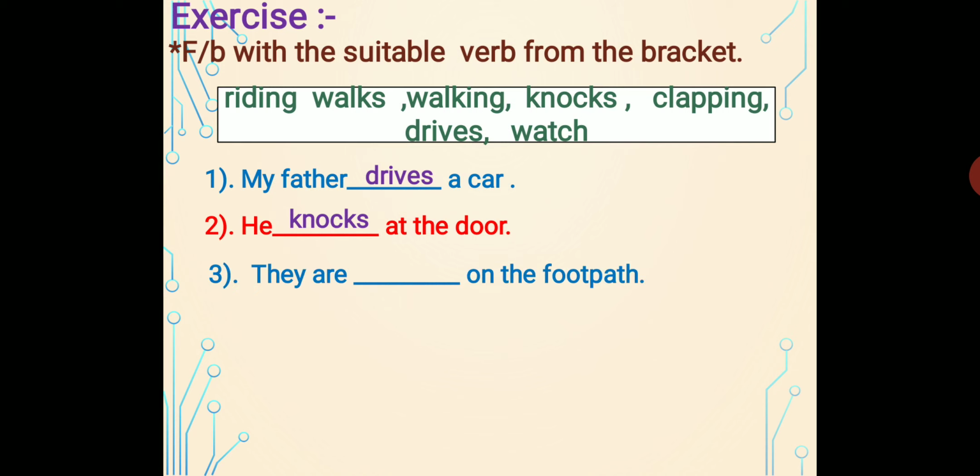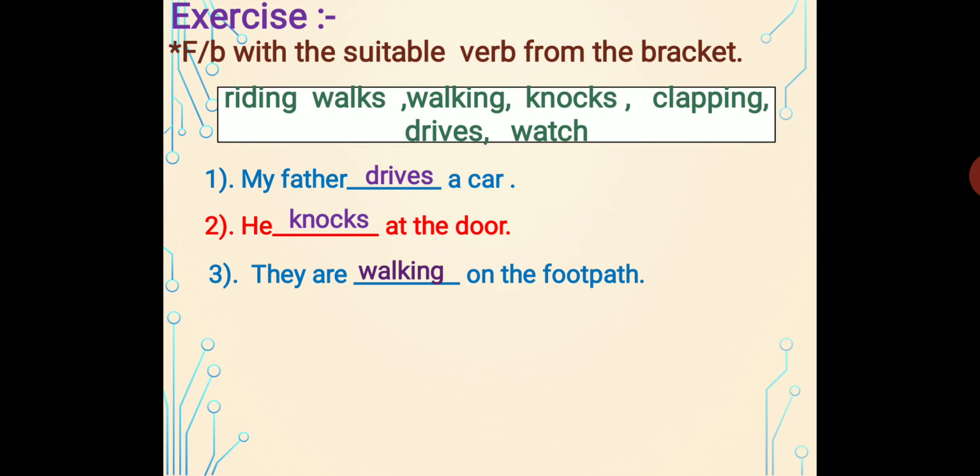Next is they are dash on the footpath. Here there is a helping verb in the sentence. Then what can we do? Yes, the answer will be the ing form of the verb. So which verb is suitable? Yes, walking. They are walking on the footpath.